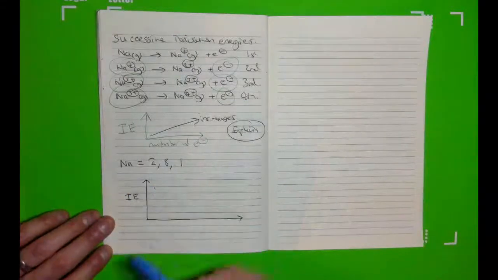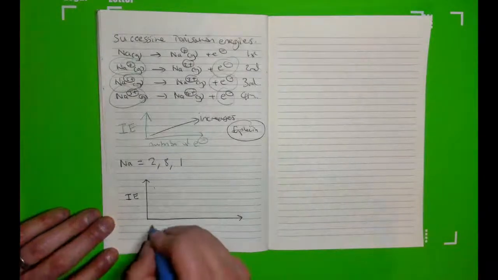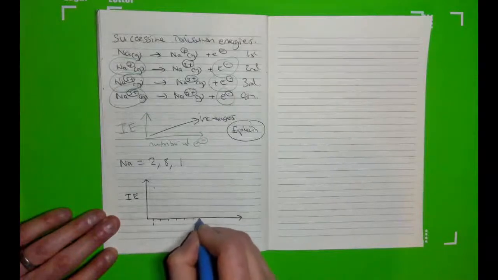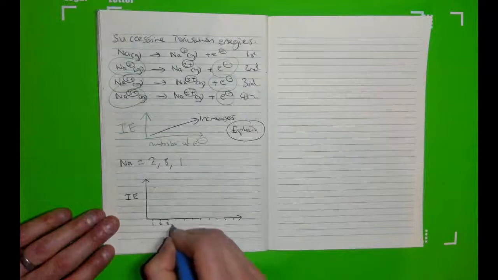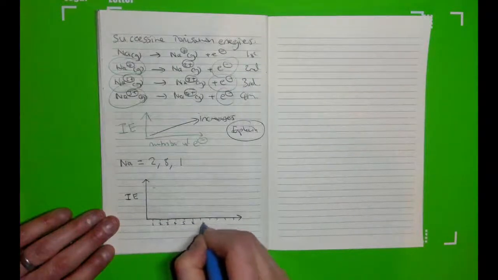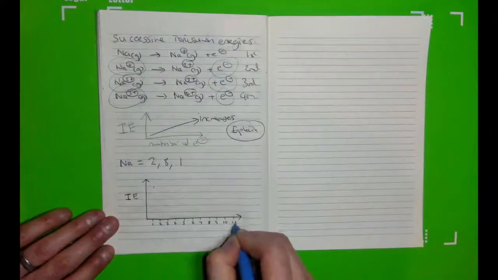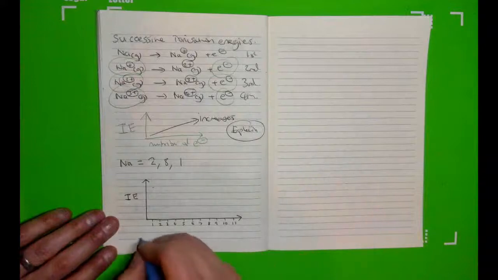We've just got ionisation energy on the y-axis up here. So we've got the number of electrons on the x-axis here. So this is the total number of electrons removed.